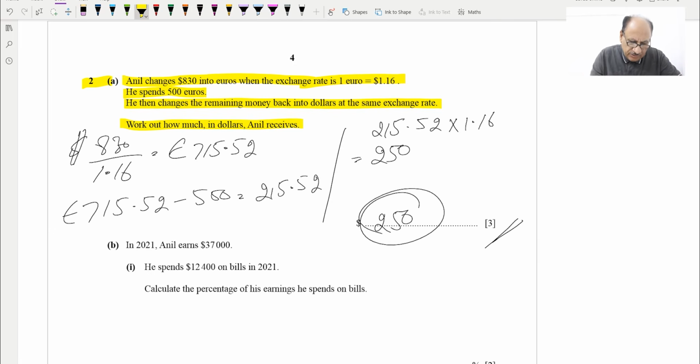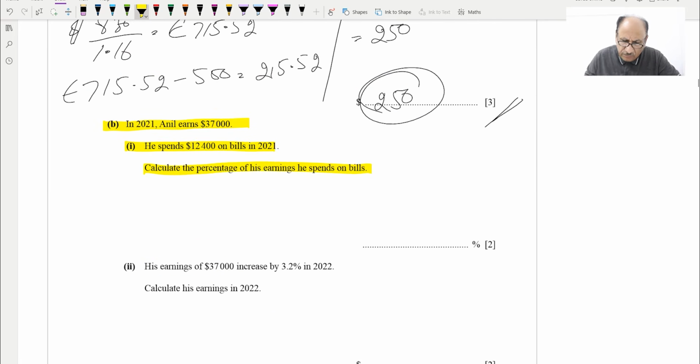Now the B part says in 2021 Anil earns $37,000. He spent this much on bills in 2021. Calculate the percentage of his earnings he spent on bills. So he's spending 12,400 on bills, and the total is 37,000, multiplied by 100. This is how we calculate the percentage.